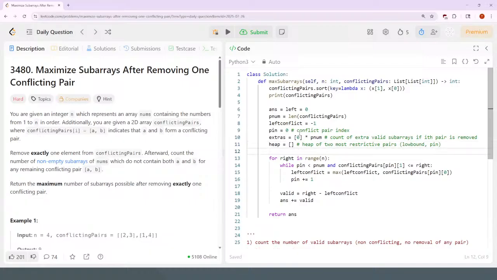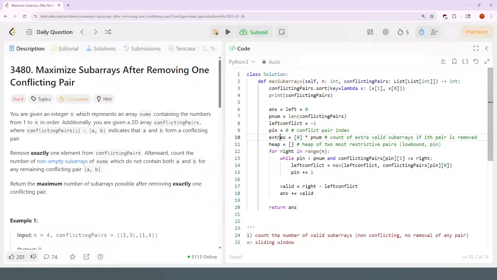The pin is necessary to keep track of where the extras change. Okay.